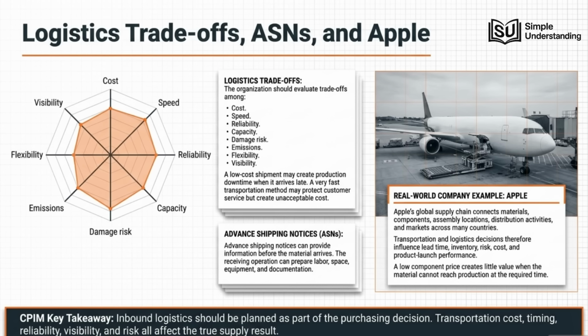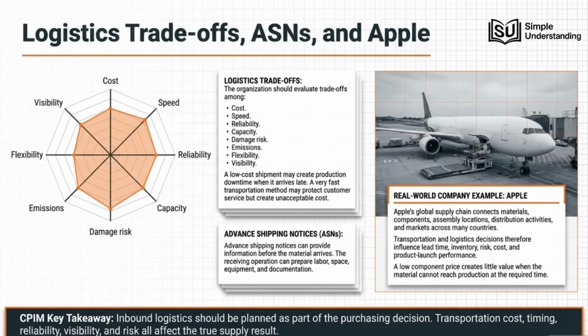A low-cost shipment may create production downtime when it arrives late. A very fast transportation method may protect customer service but create unacceptable cost. Advanced shipping notices can provide information before the material arrives. The receiving operation can prepare labor, space, equipment, and documentation. Real-world company example: Apple.